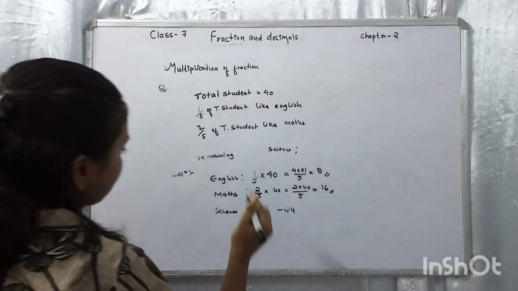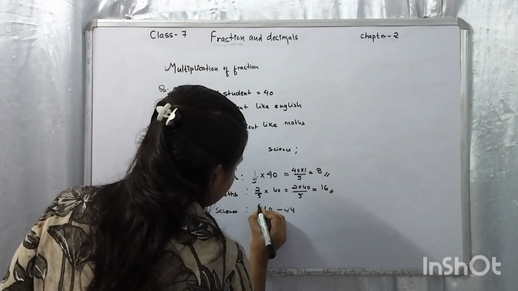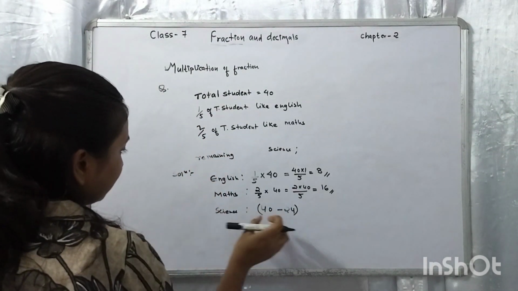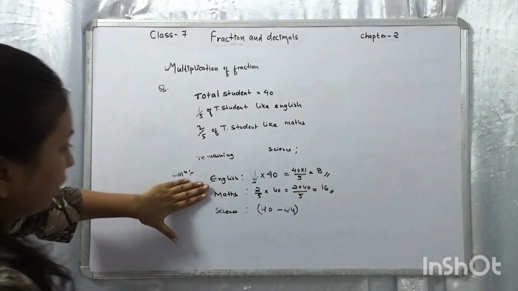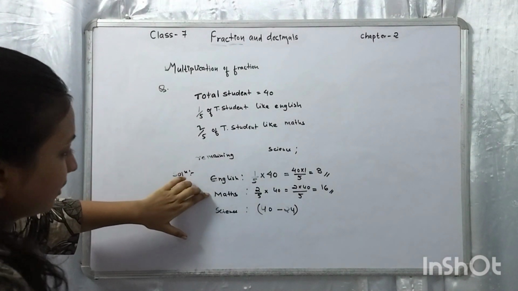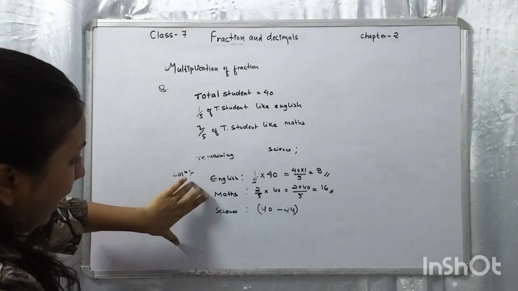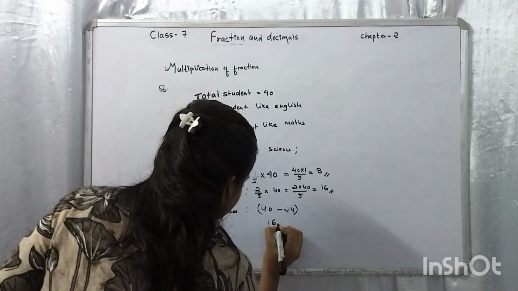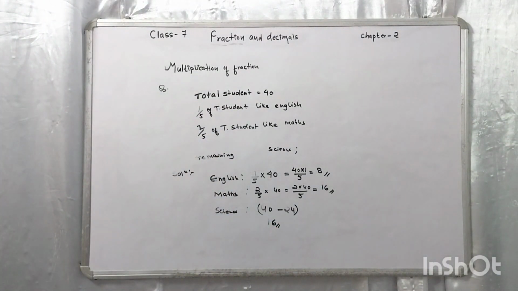It means the total number minus the sum of English and maths, so we will subtract that. Since 24 students like either English or maths, only 16 students like science. So 16 students like science. Fine.